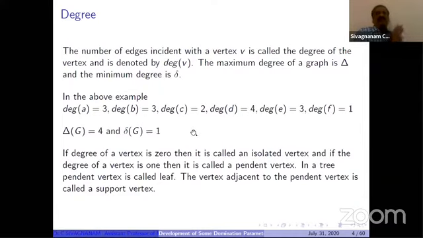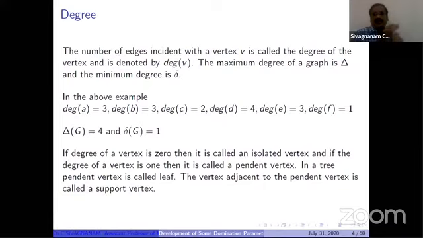Any vertex having degree 0 is called an isolated vertex. An isolated vertex is not adjacent to any other vertex in that graph. A vertex of degree 1 is called a pendant vertex.